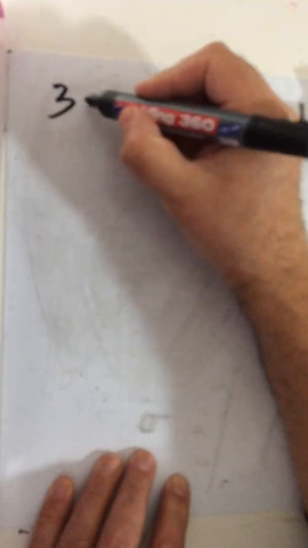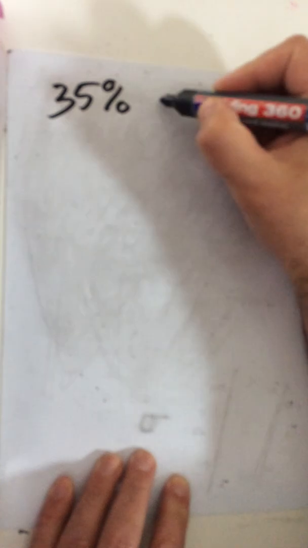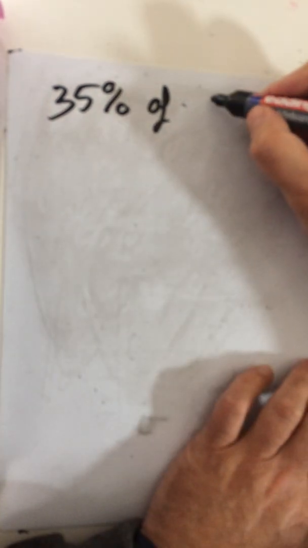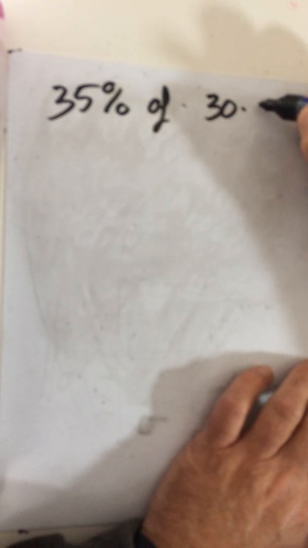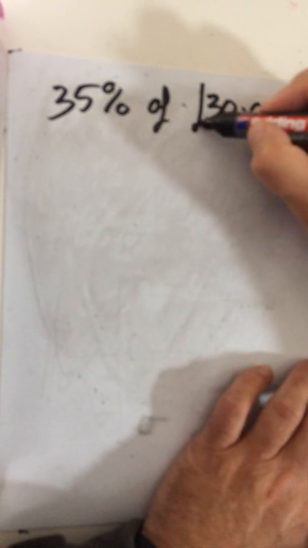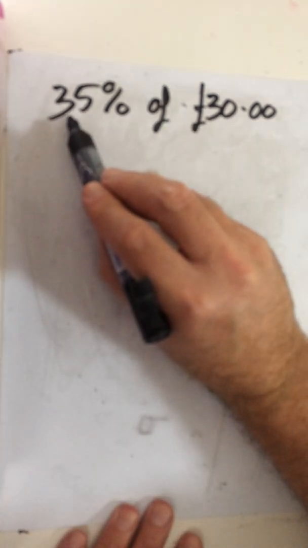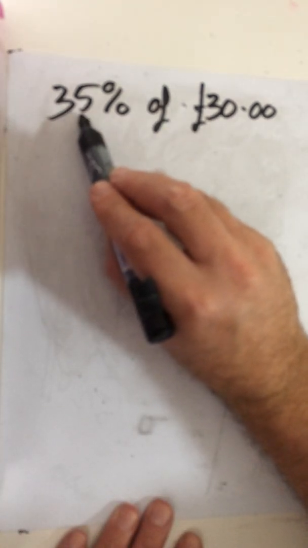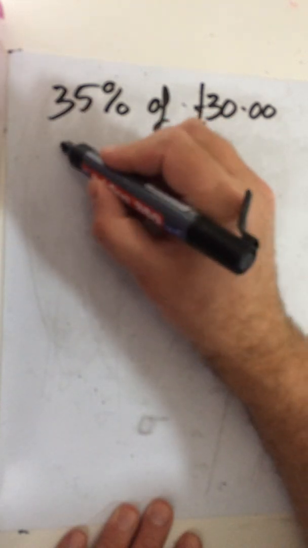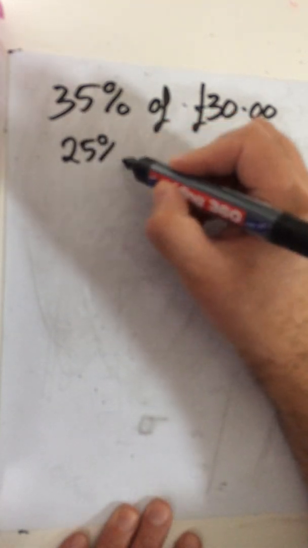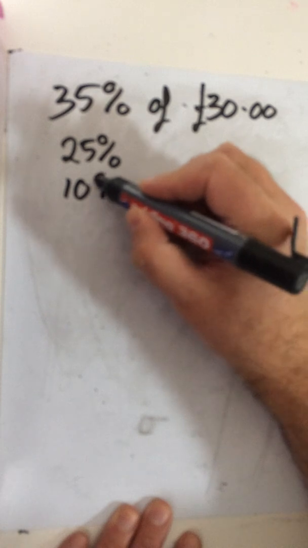If I wanted to find 35% of, so let's find 35% of £30, then this is how I'm going to do it. I can see what's the best way to split up this 35%. Well, I'm going to split it into 25% and 10%, because then I have to do fewer calculations.